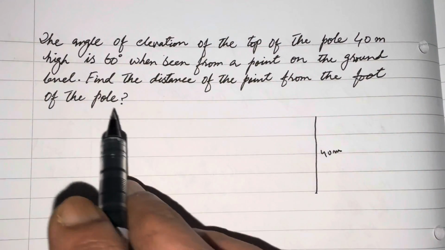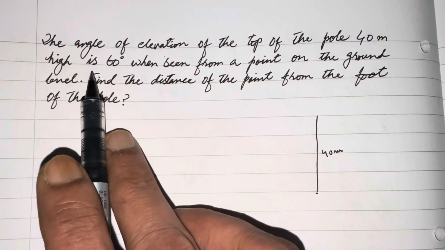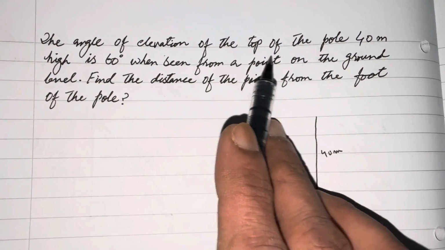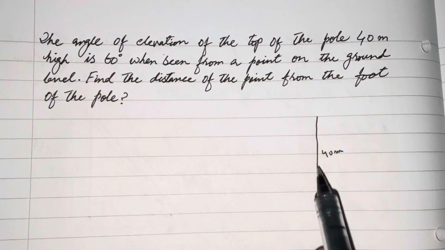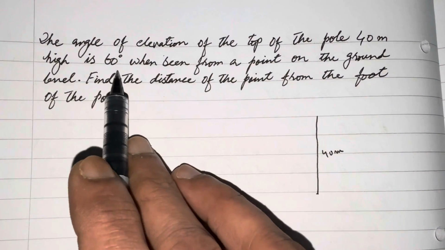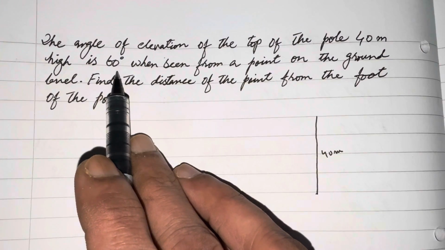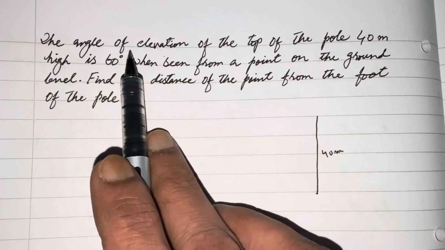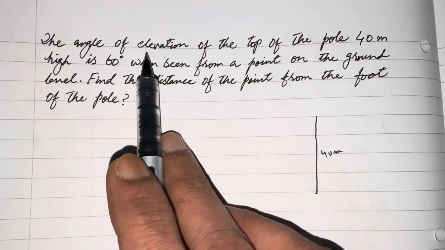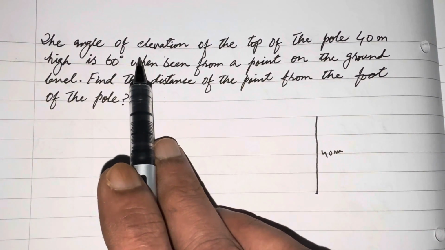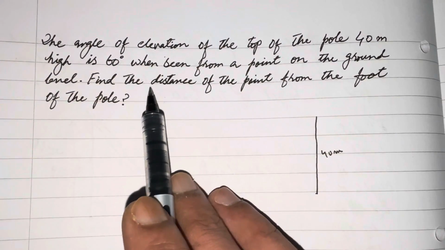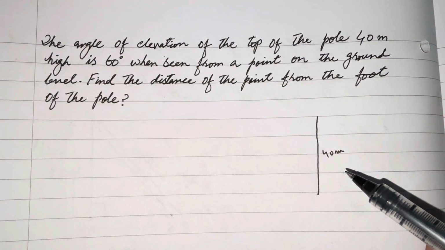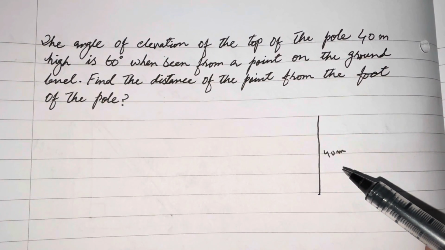So on the second part of the statement, the angle of elevation of the top of the pole of 40 meter high is 60 degrees. So the angle of elevation, let me explain the angle of elevation. There are two angles we use in the trigonometric ratios or with the right angle triangle.